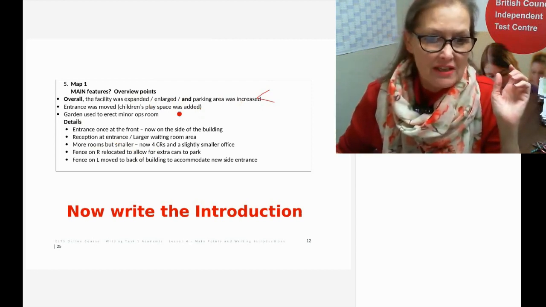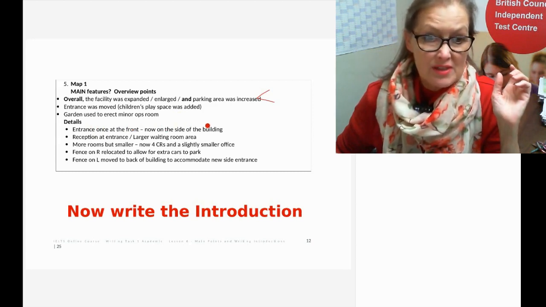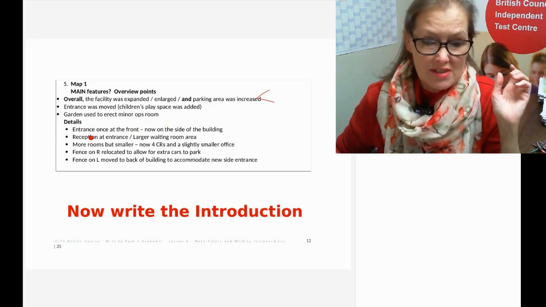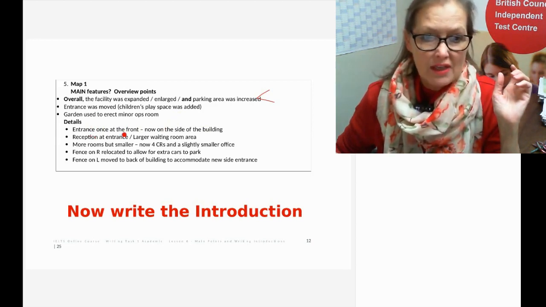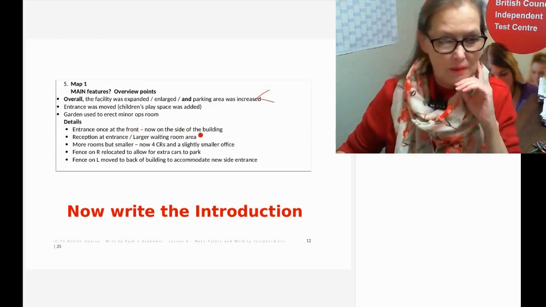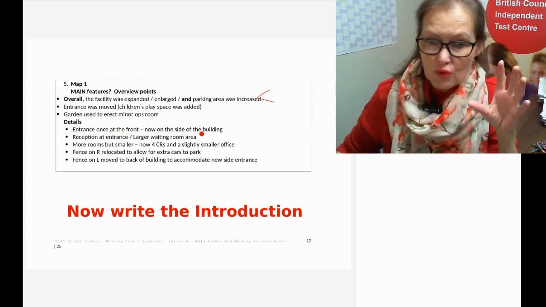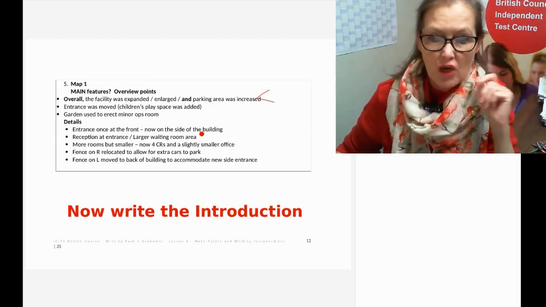And then for the details, I commented on that the entrance, once at the front, now on the side of the building, and that the reception desk was moved to the entrance, and a larger waiting room area. More rooms now, but smaller rooms and smaller office.